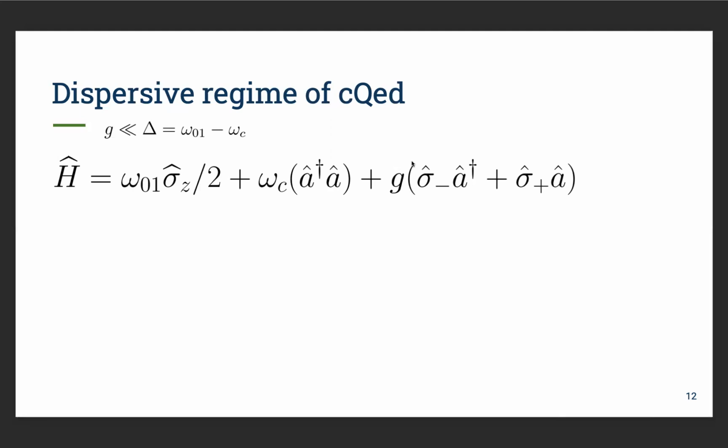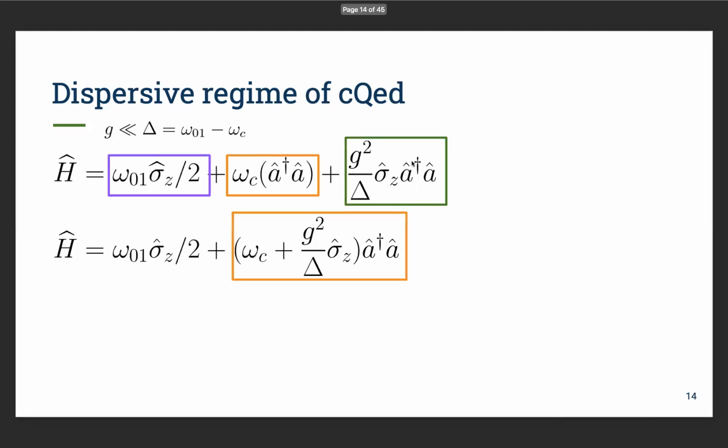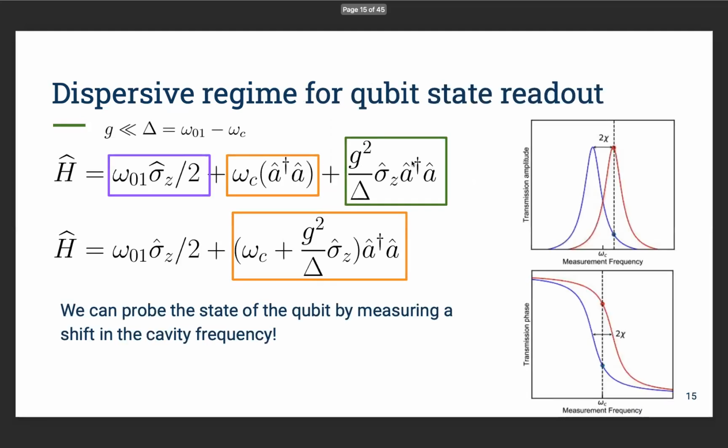Are there any other questions at this point? Okay, so by grouping terms from the interaction onto the term that describes the cavity, we can read out the dressed frequency of the cavity and infer the state of the qubit.